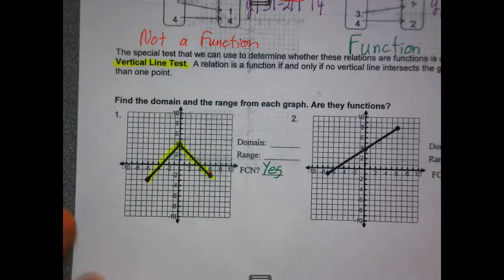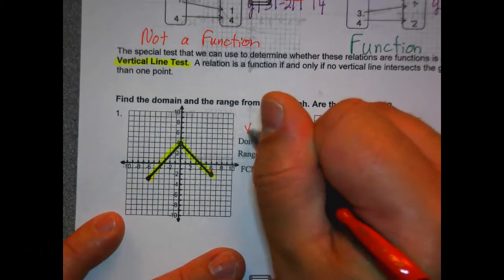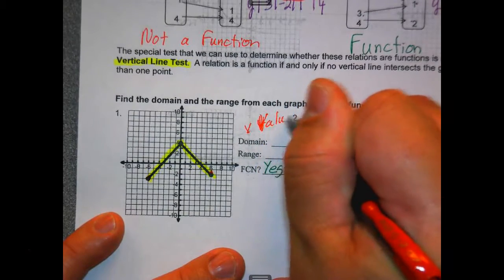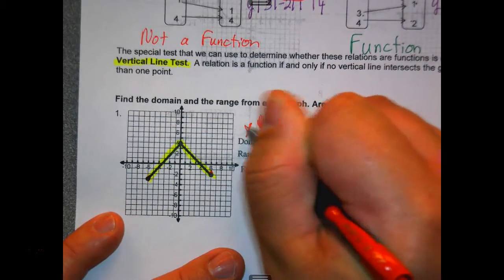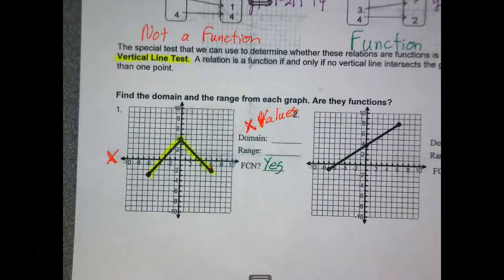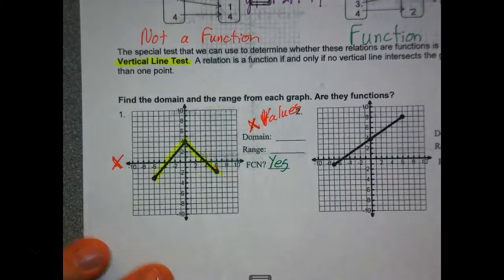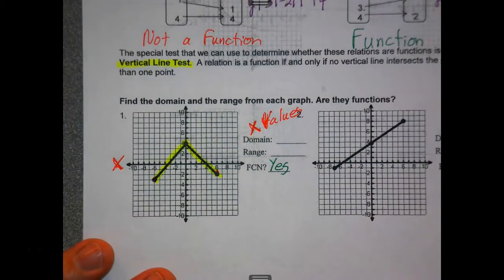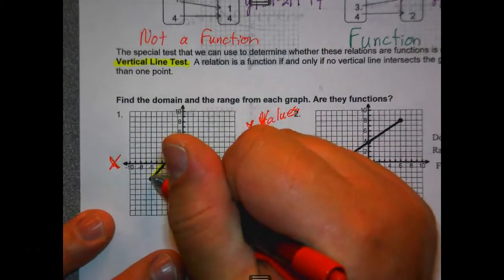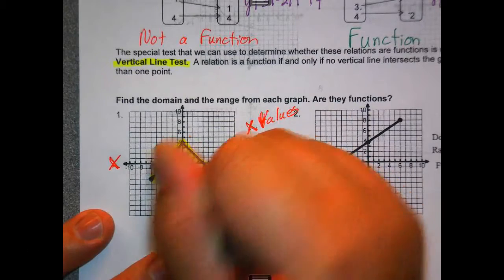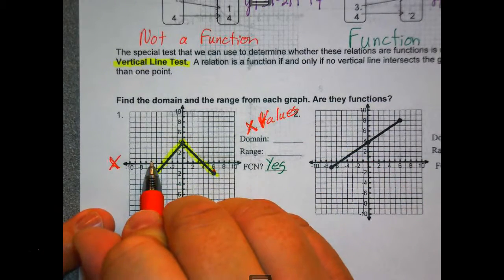Domain, again, is my x values. So I'm only going to look at my x-axis. Where does my graph start on the x-axis? -6. Okay, there's the start of my graph.